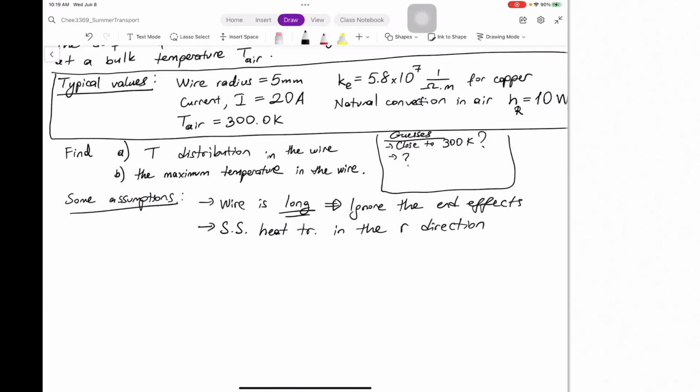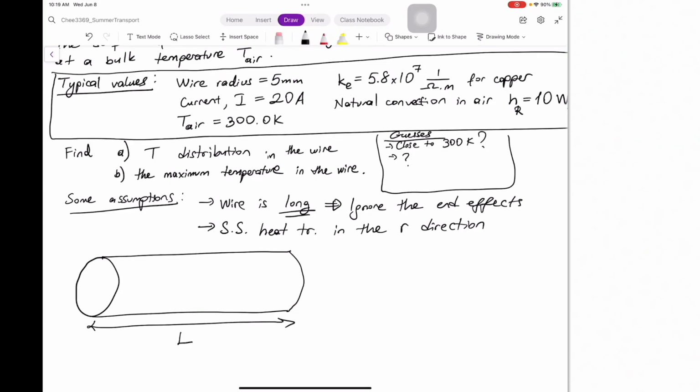And let me draw the schematics of my system. This is L. Okay. Let's take this as the capital R. And let's take a thin shell.